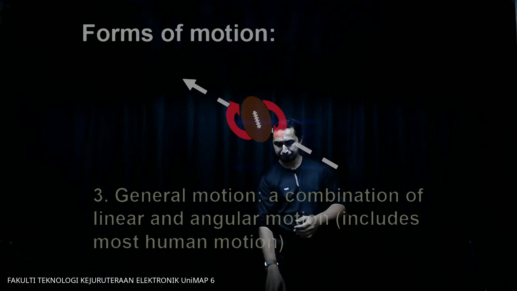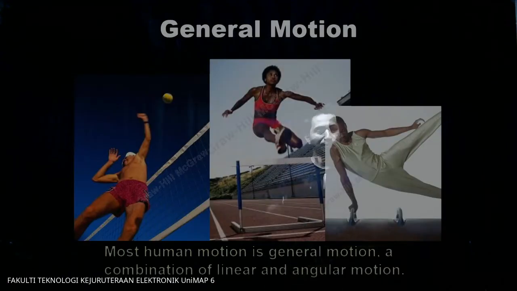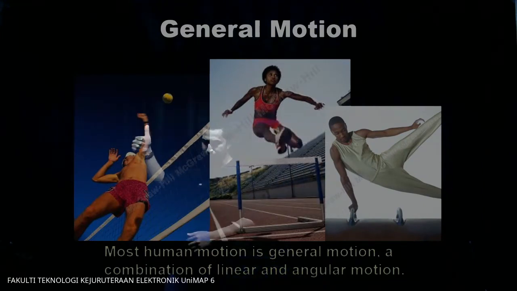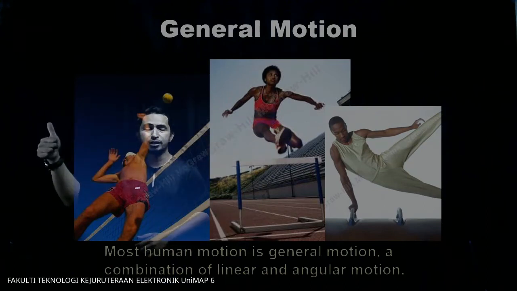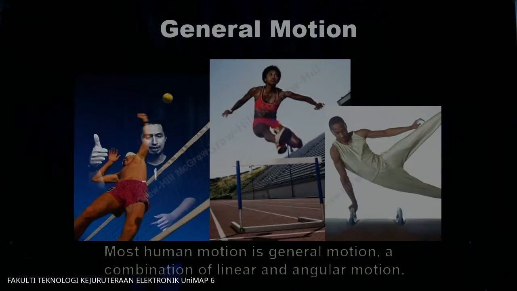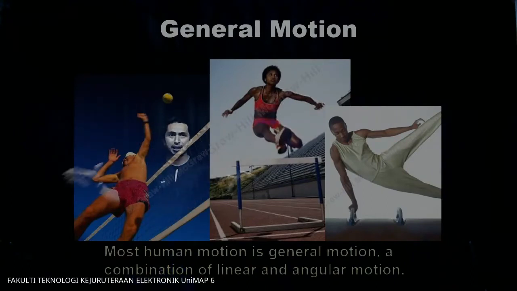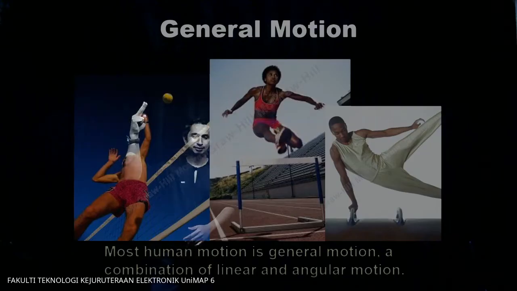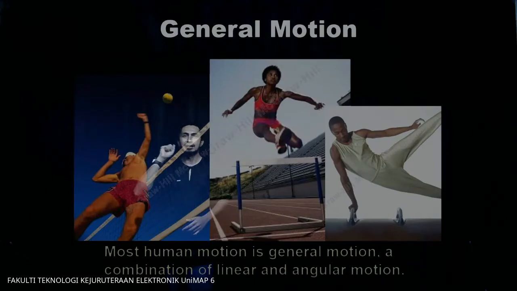So again, we have 3 main types of motion. What is the first one? Linear. Okay, good. Linear can be divided into 2 types: rectilinear and curvilinear.